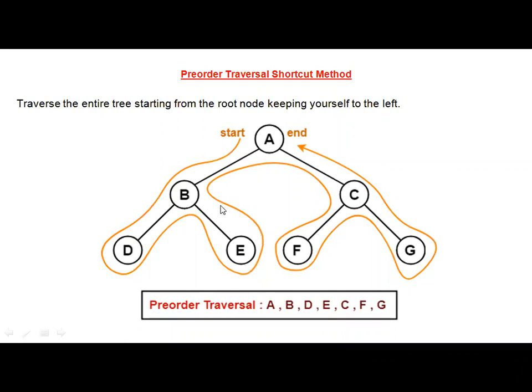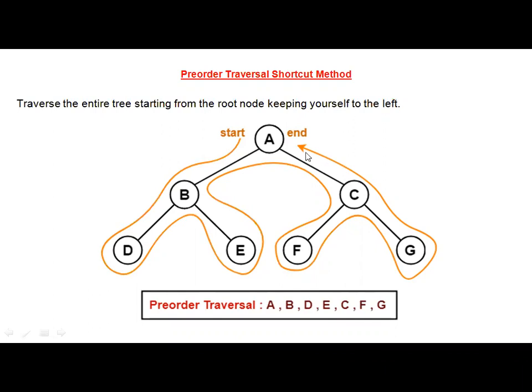Then without lifting your pen, starting from the root node, you come back to the root node. Whenever you touch a node, you write onto the output. That gives the pre-order. A already over. So again you come in this way. F visited, write onto the output. Then C visited, write onto the output. G visited, write onto the output.